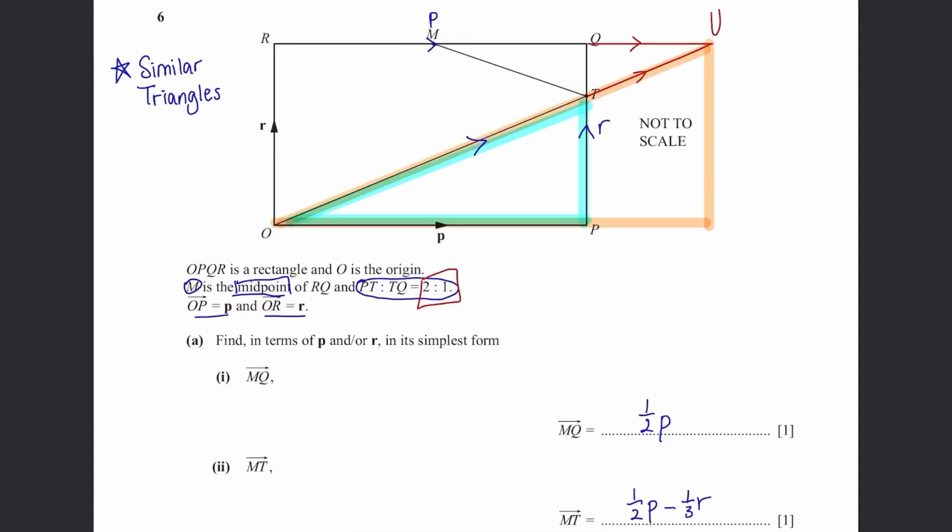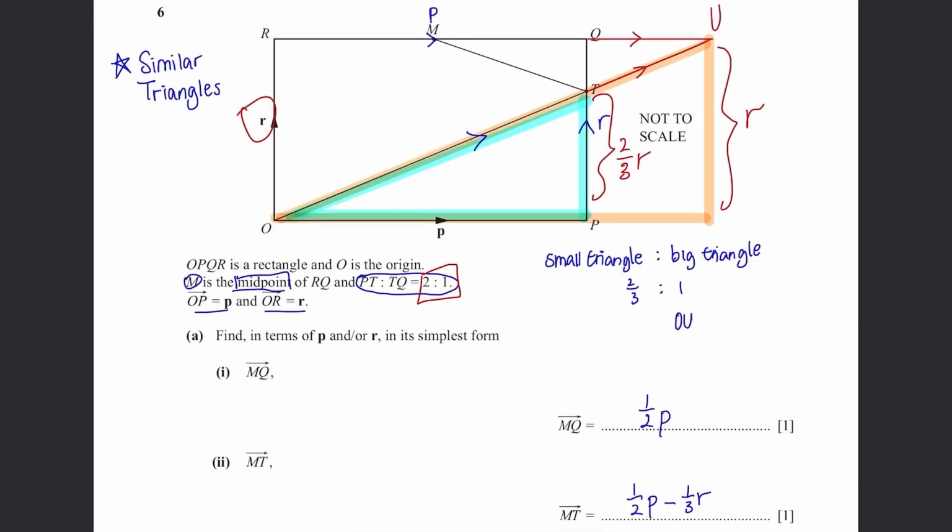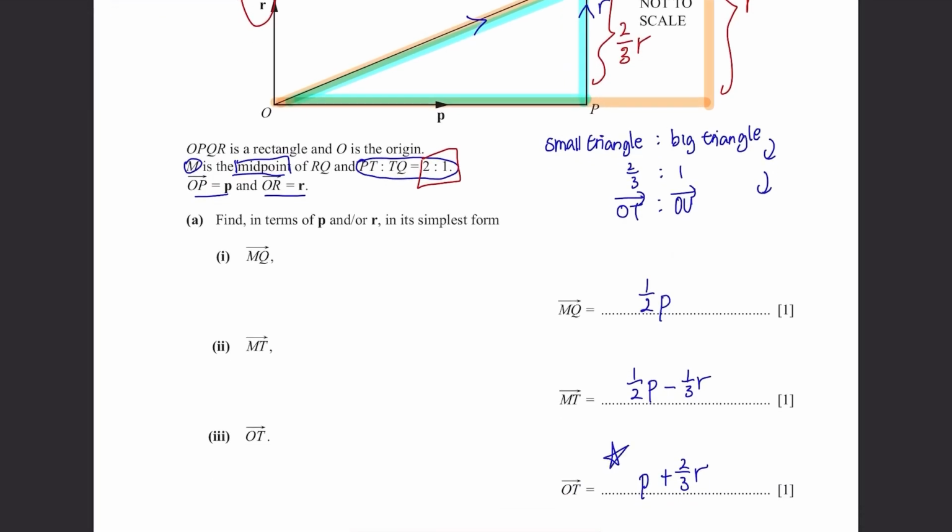Compare their baselines. PT is 2/3 of r, and this baseline will be just r since it's parallel to OR. So the ratio of this small triangle to big triangle is 2/3:1, and using this ratio, calculate the OU vector compared to OT vector. OT vector is p plus 2/3 of r.